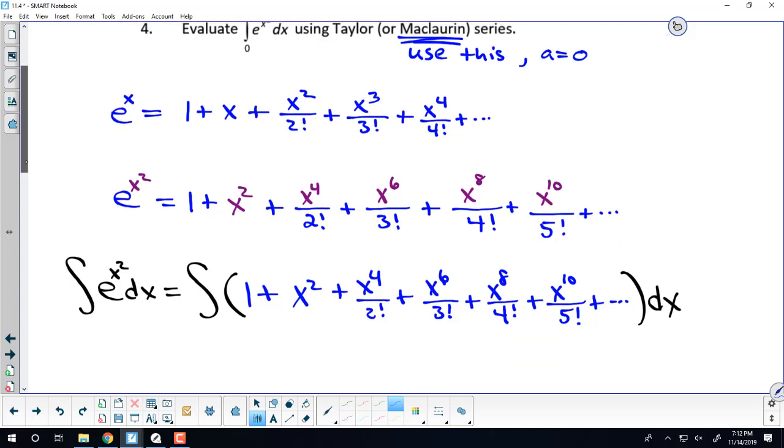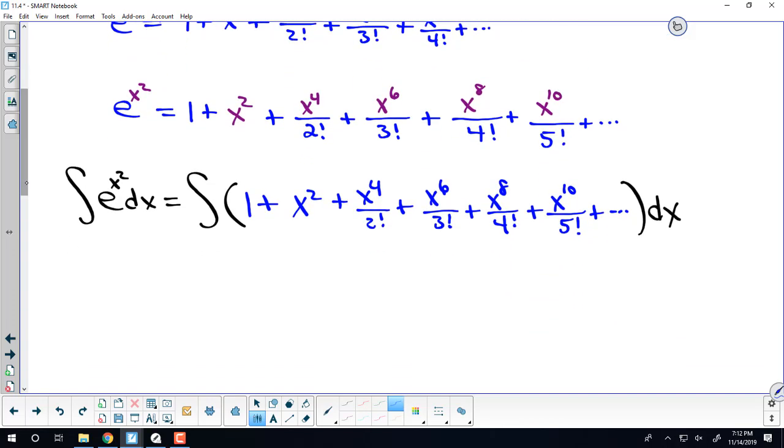Okay, so again, we don't know the antiderivative of the left-hand side. We can certainly find the antiderivative term by term. Evaluating then from 0 to 1.